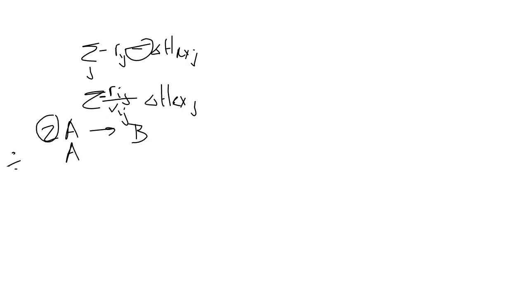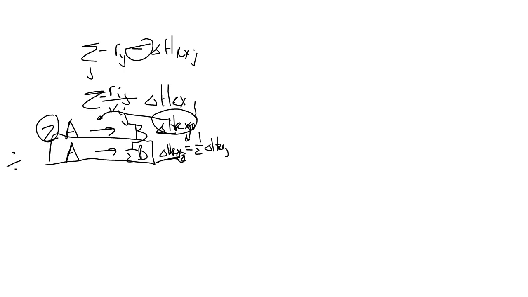So I'm going to write it in terms of A goes to a half B. If I calculate this delta H of the reaction based on this reaction stoichiometry, I will get this version 2, and this is version 1. It's the same reaction, just version 2 and version 1. This one is going to end up being half of that one. I hope you agree with that. So that is still per mole reaction, but it will change depending on this stoichiometry.